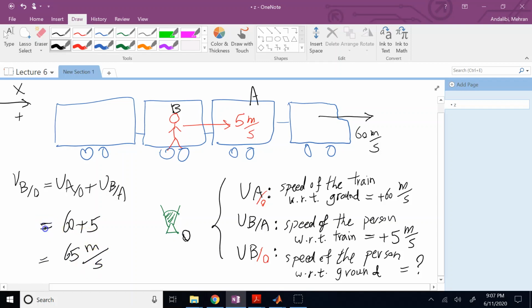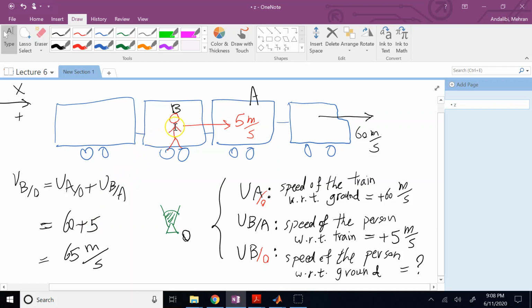And it completely makes sense, right? Because the train is passing you to the right with 60 meters per second, and this person is also going faster than the train with respect to you, with 5 meters per second to the right.